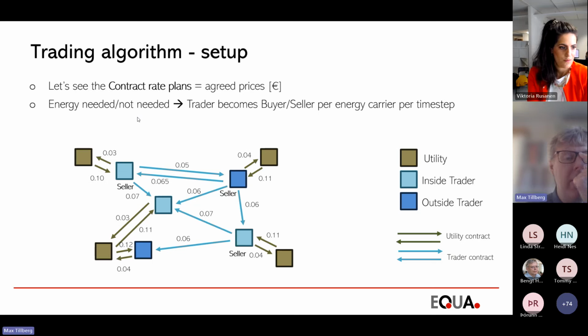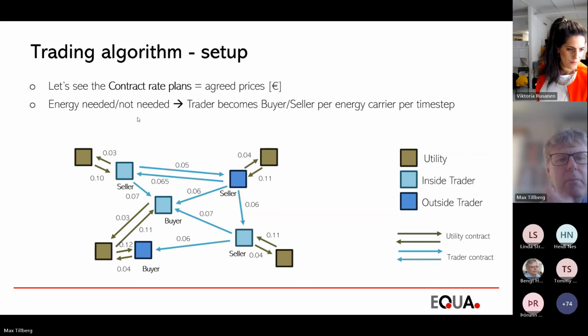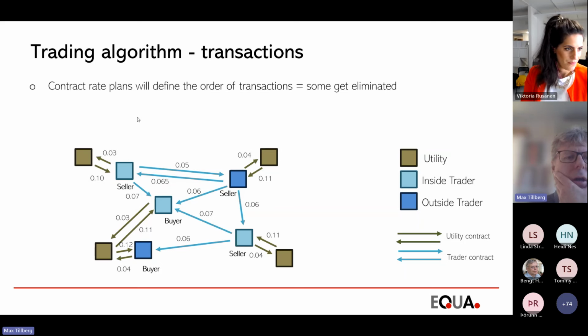And then we see that we have some sellers, they want to sell, and we have some buyers. Okay, so let's try to set this up. And this is of course done automatically by EIs, but we have the contract rate plans that will define the order. So sellers won't buy from utility. Why should they? So you can get rid of some of the small arrows here.